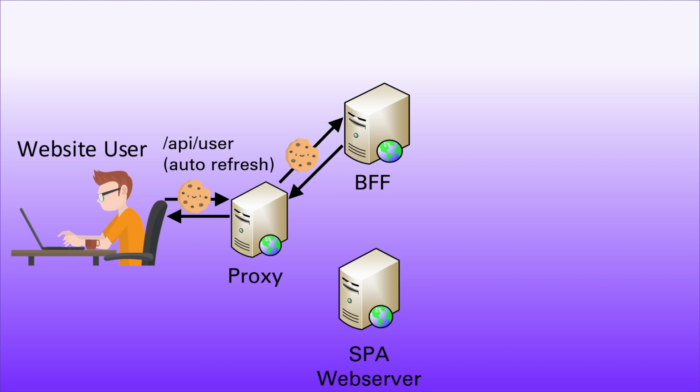So what we can do is we can allow our SPA to make a secure call to our backend for front end to get the user information, and we can make that kind of smart so that every time the SPA requests user information, it can maybe look to see how stale that user information is. So maybe refresh it every 60 seconds, 5 minutes, whatever your preference is, how old you're willing to let the user information get before you want to go and force refresh it.